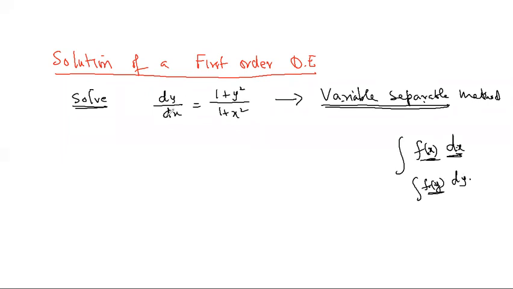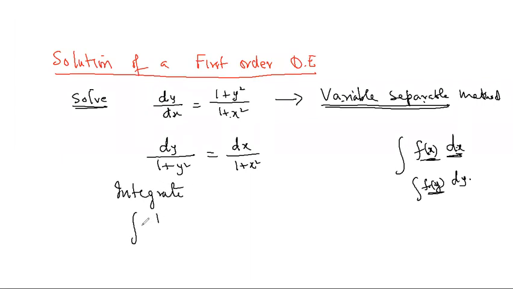So here the dy and the y term should both be brought to one side. Here is a dx and here is the x term; they both should be brought to one side. So I will write dy upon 1 plus y square is dx upon 1 plus x square. Did you understand this step? Yes, sir. Brought all y terms with a dy, all x terms with a dx. Then integrate.